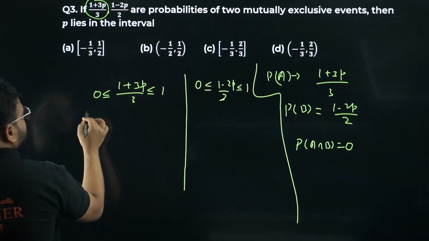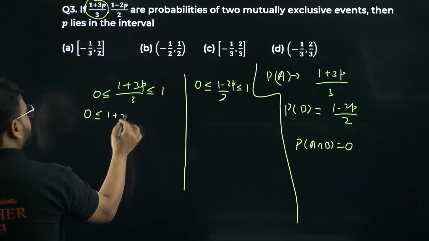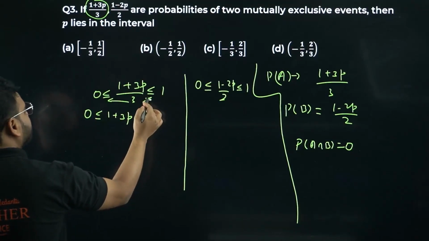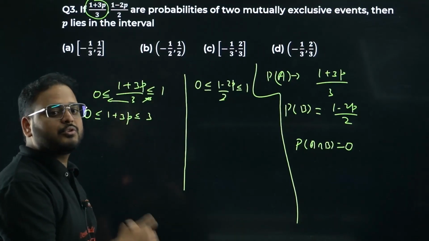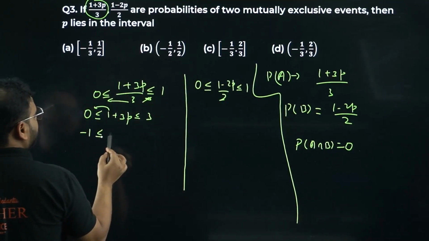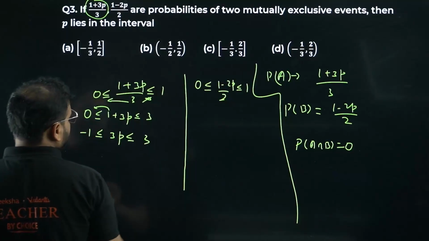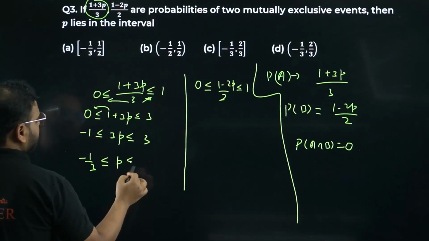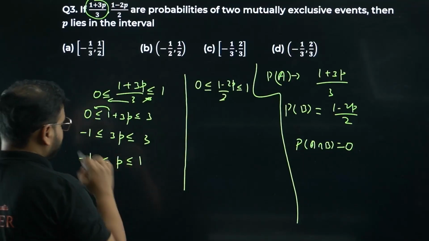I'll have 0 less than or equal to 1 plus 3p less than or equal to 3, cross multiplying by 3. Now move this 1 to the other side, I get minus 1 less than or equal to 3p less than or equal to 3. So I get minus 1 by 3 less than or equal to p less than or equal to 1.